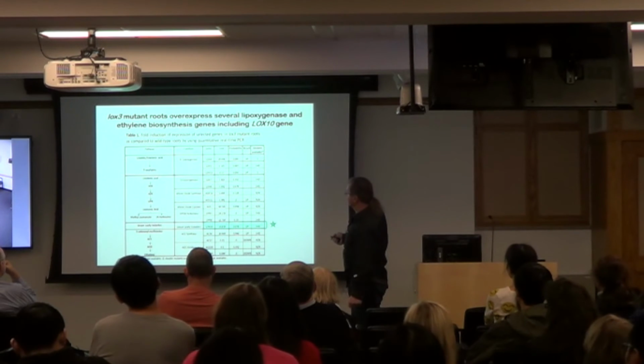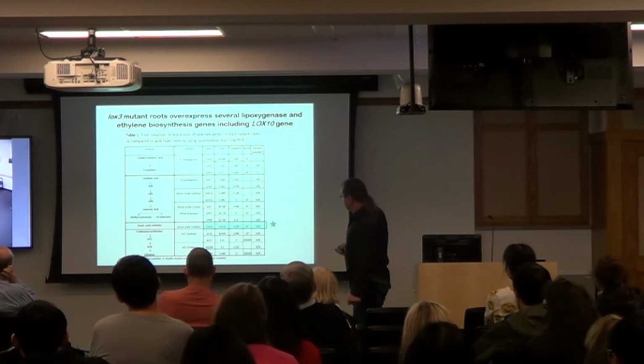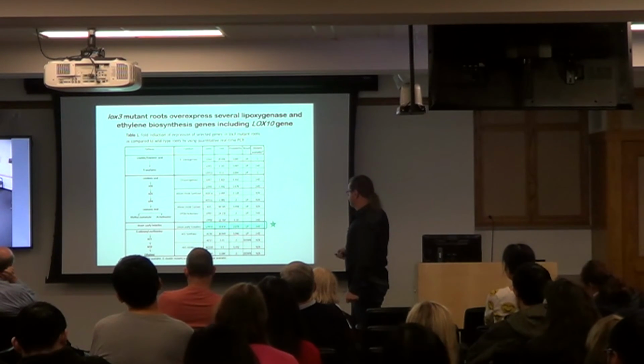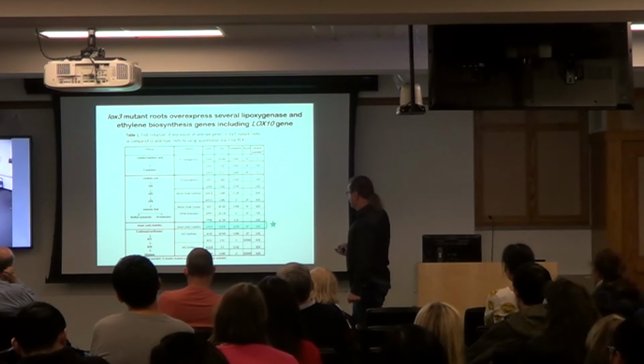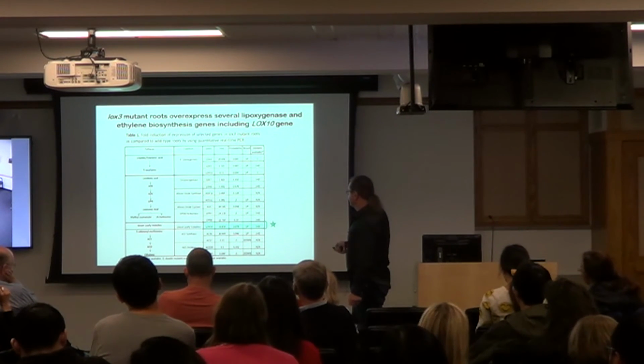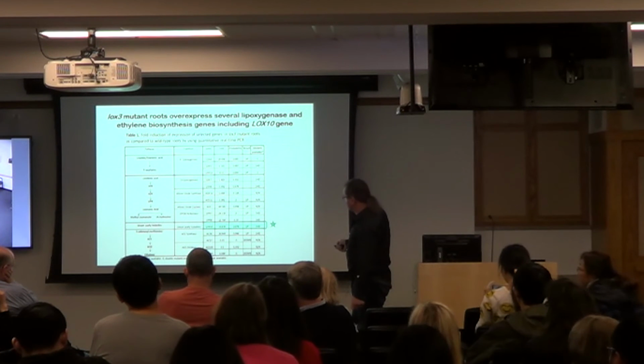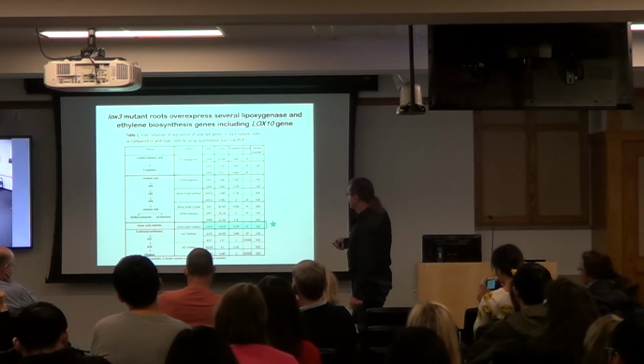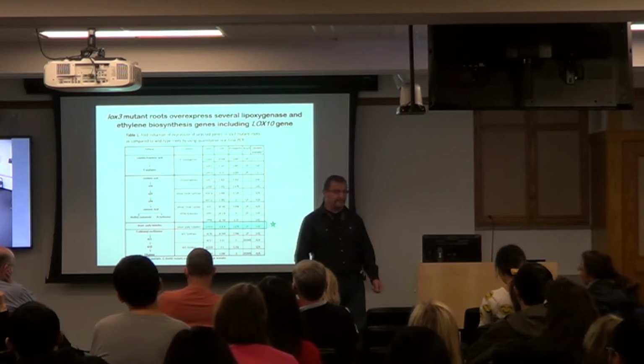LOX5 was overexpressed, LOX12 was overexpressed, and a bunch of other genes. And look at this ACC-CHS or OPR8, for example, 22-fold, 24-fold, 20-fold, allene oxide cyclase, 48-fold overexpression in the roots.